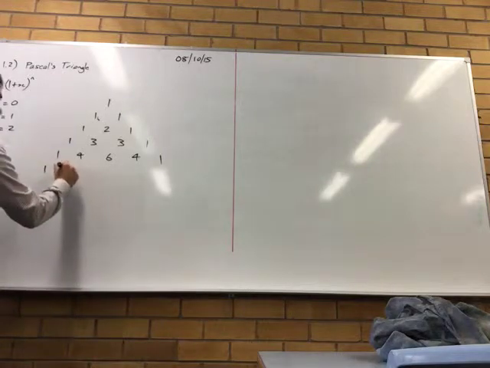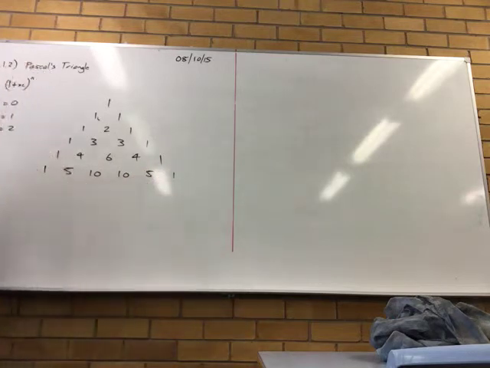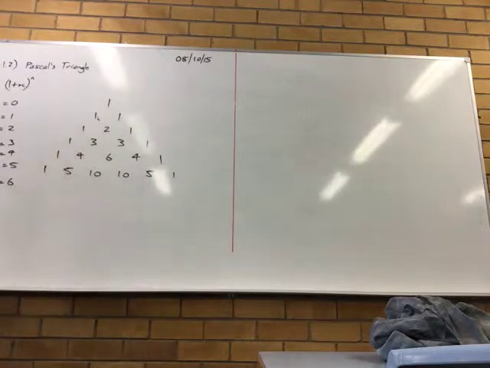And we've just done 1, 5, 10, 10, 5 and 1. So this pattern continues. When n is 3, n is 4, n is 5, n is 6, any ideas what that's going to look like? 1, good.